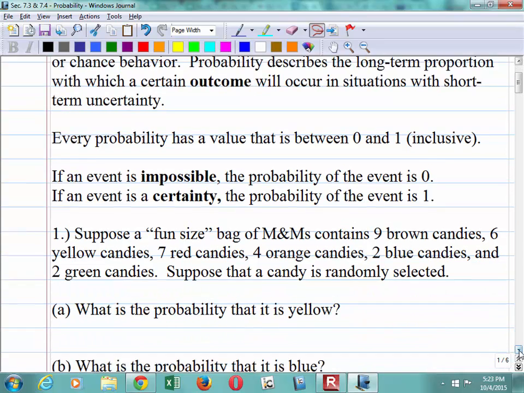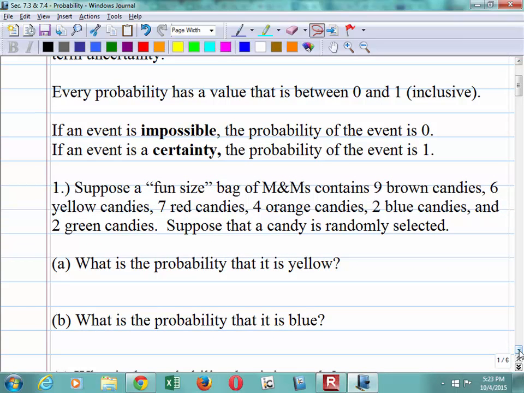Alright, so number 1, suppose a fun-sized bag of M&Ms contains 9 brown, 6 yellow, 7 red, 4 orange, 2 blue, and 2 green. And then suppose that a candy is randomly selected. What is the probability that it's yellow? Well, first we need to know the total number of candies in the bag. So 9 plus 6 plus 7 plus 4 plus 2 plus 2.